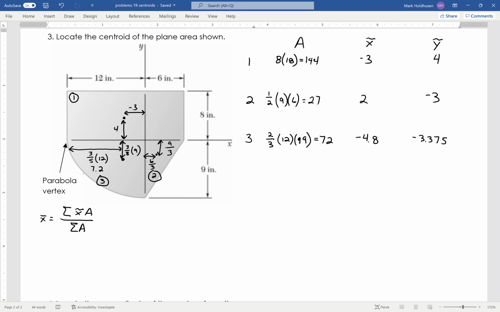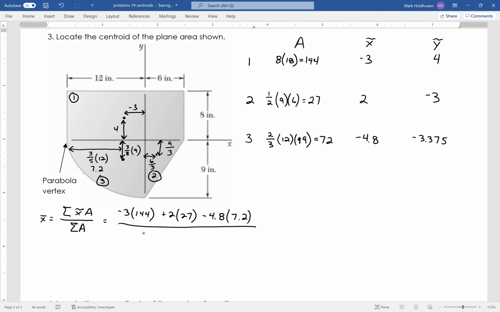Now we just plug it into this equation, where we take the x tilde of each times the area of each, divided by the sum of all the areas. So it's going to be -3 times 144, plus 2 times 27, minus 4.8 times 72. Be careful with your positives and negatives and get those all in there appropriately.